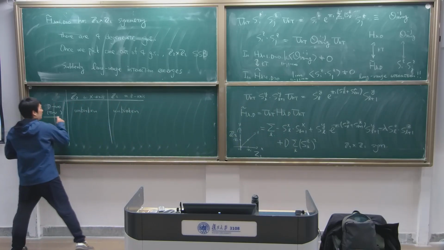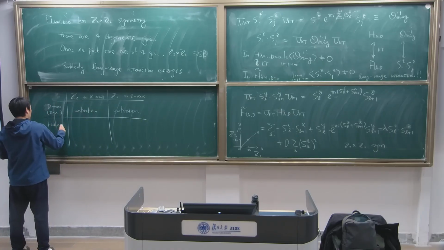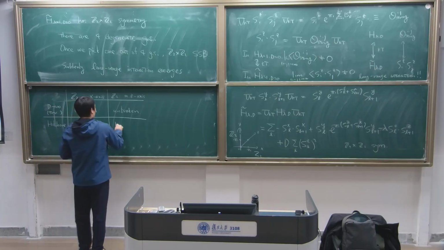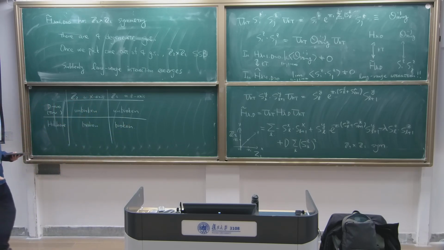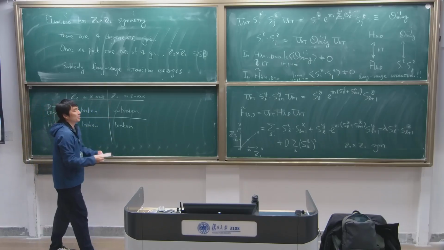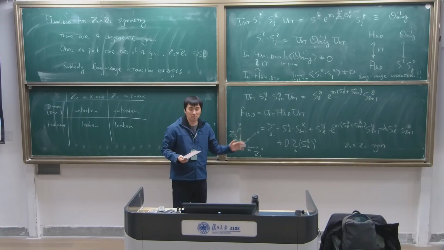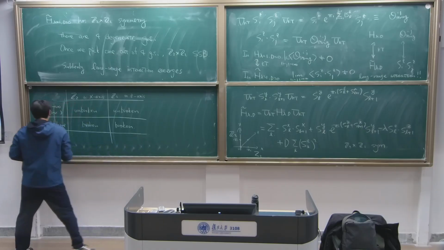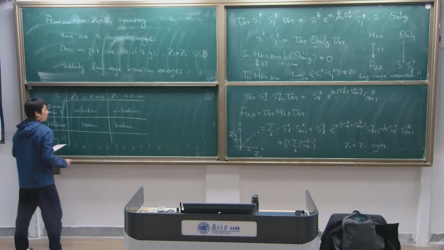So the Haldane phase, you have both of them. Once you pick the vacuum, D2 cross D2. So this D2 cross D2, either side, y-axis, z-axis, either side is okay. Haldane phase, arising anti-ferromagnetic.